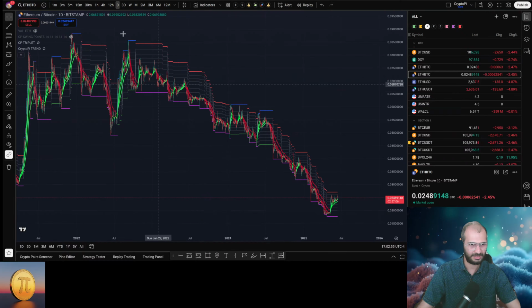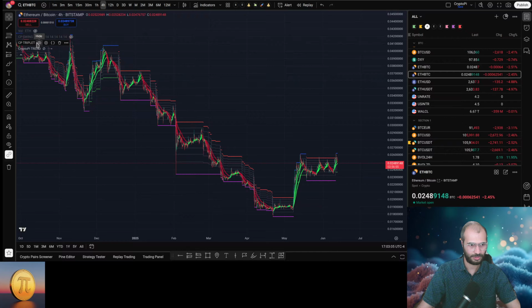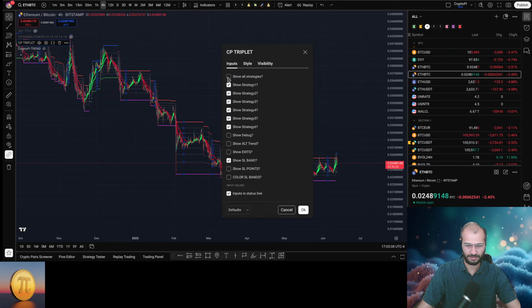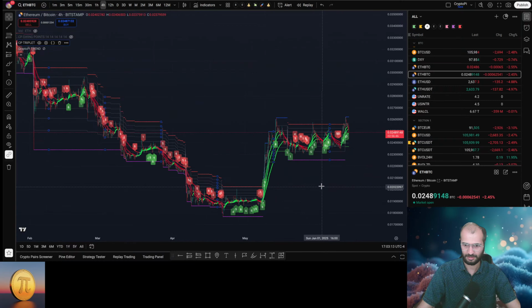To take an example of trading Ethereum in a Bitcoin pair, we can perhaps move to a lower time frame such as 4 hour, switch on our strategies and see if there are any strategies showing us an uptrend.